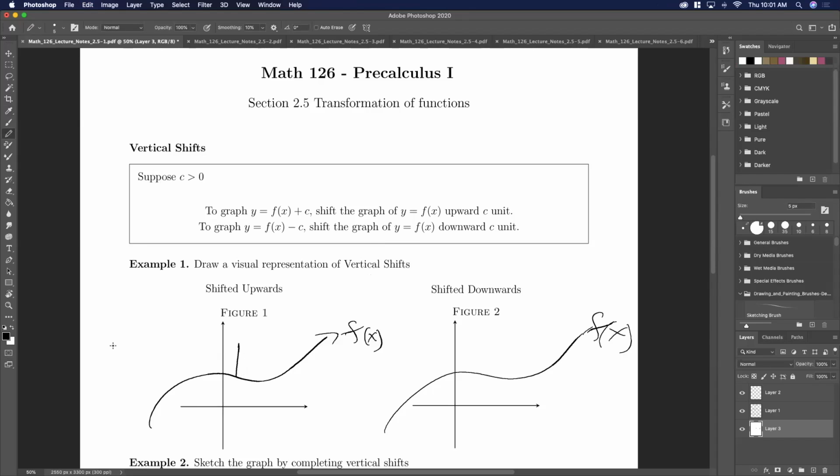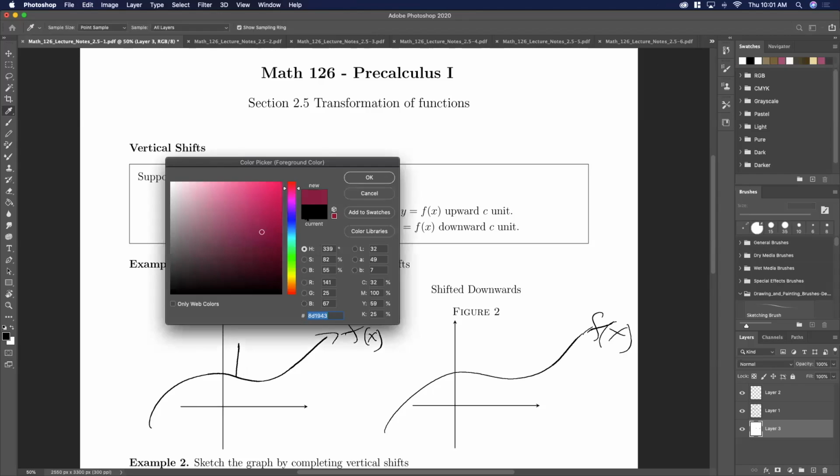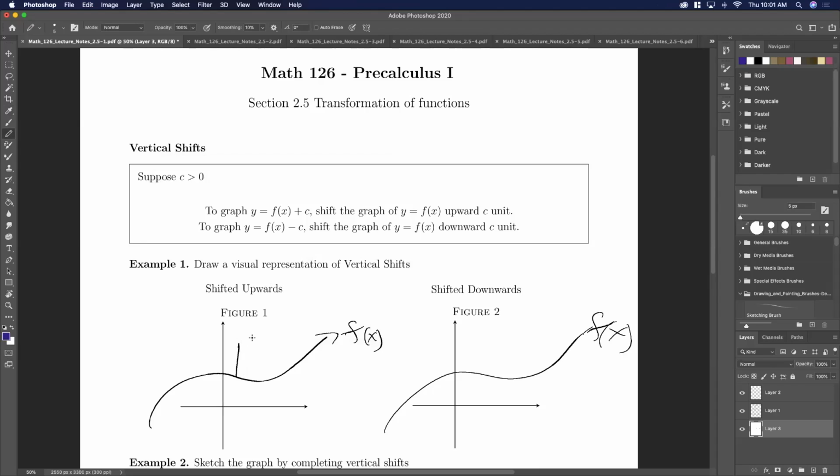Here if we go up by c, I'll have my graph, which will look basically the same. We'll call it f of x plus c. And then if I shift it down by c, it follows the same curve, and it'll be f of x minus c.